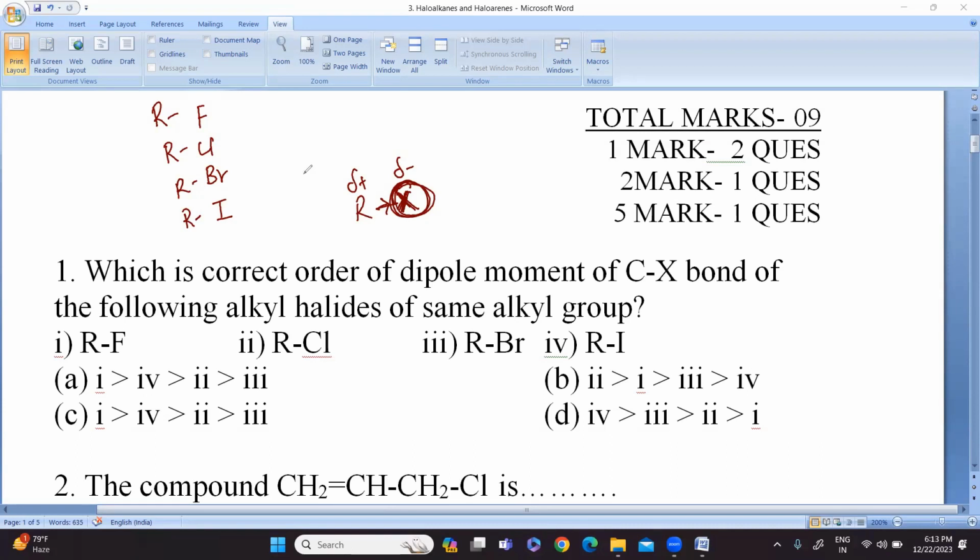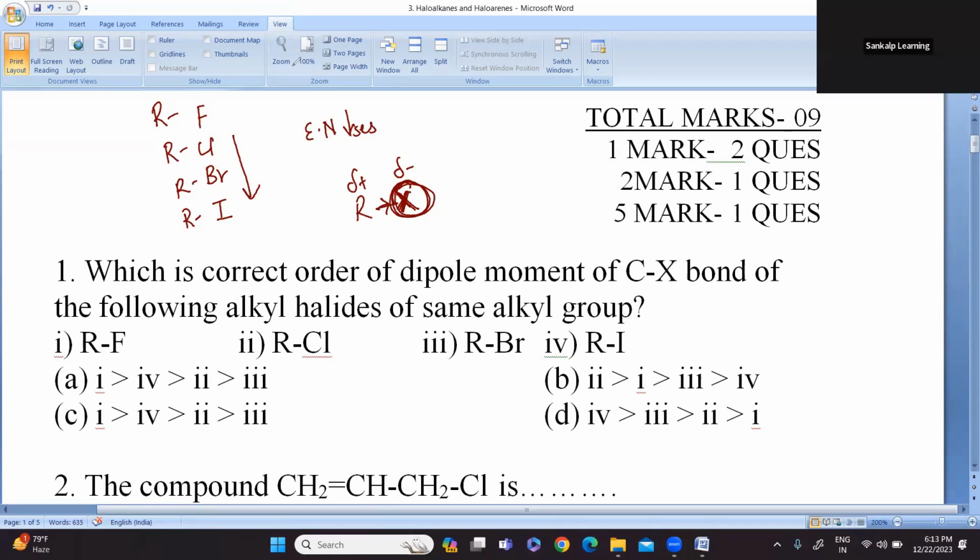It goes on decreasing. The electronegativity decreases as you move from chlorine to iodine, meaning the carbon halogen bond becomes less polar. As you move down, the carbon halogen bond becomes very less polar.